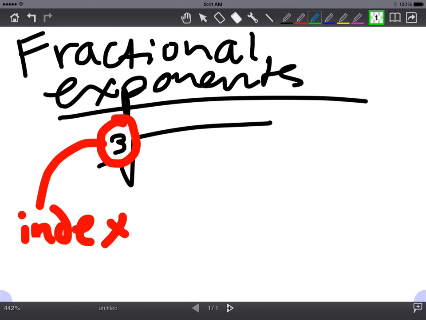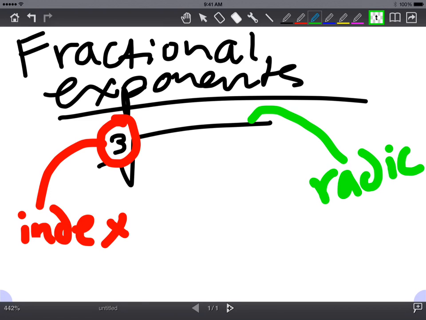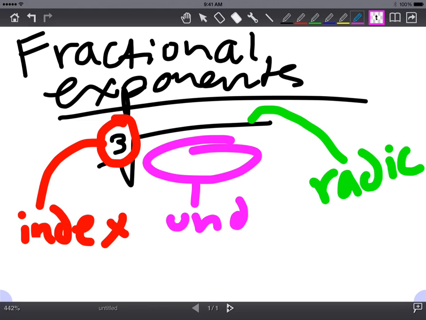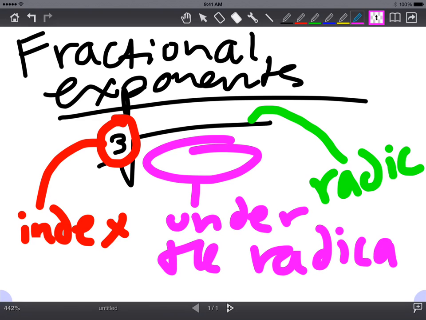And this, the square root thing that we were used to in elementary school, is called the radical. And this is defined as under the radical. Okay?